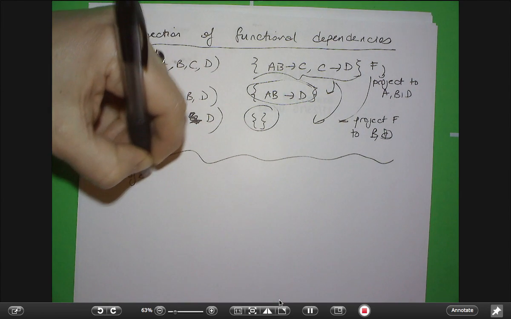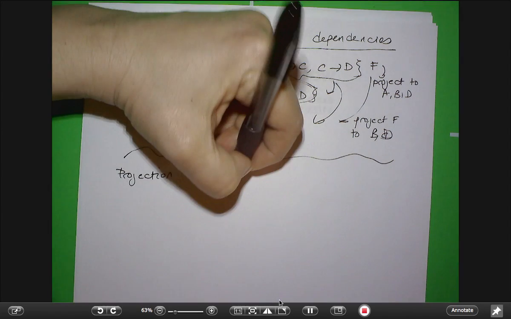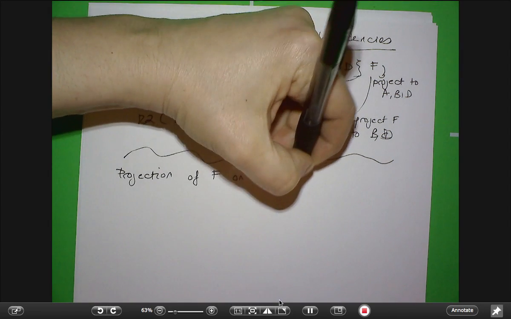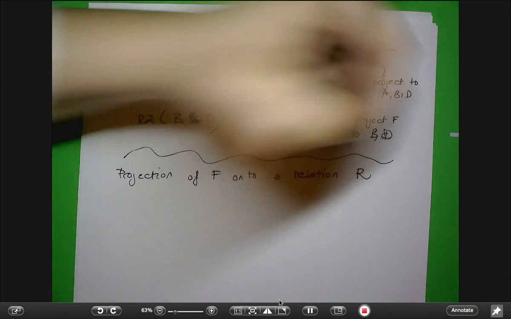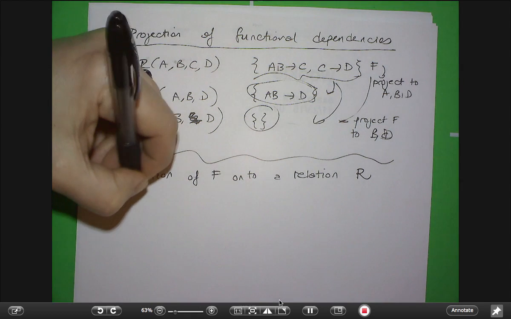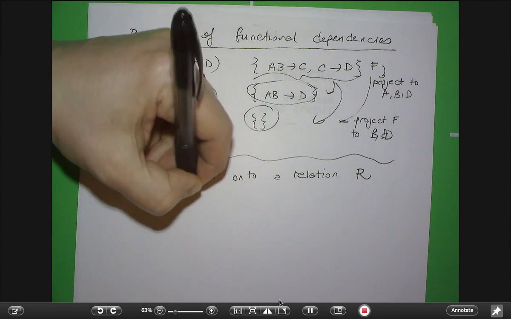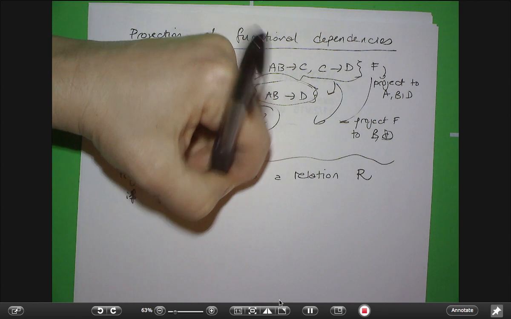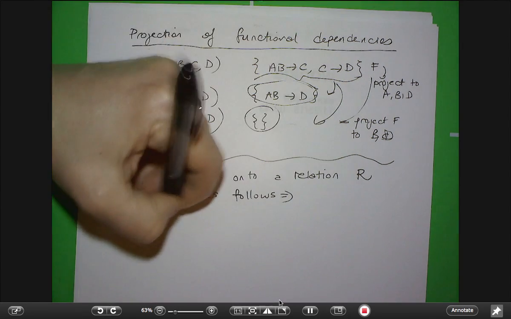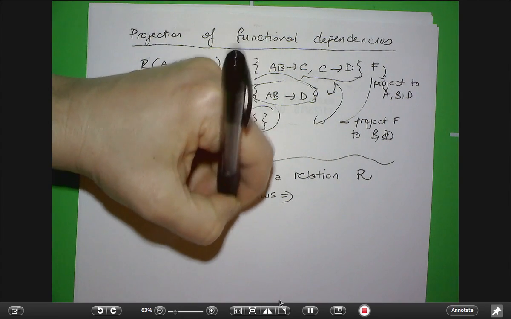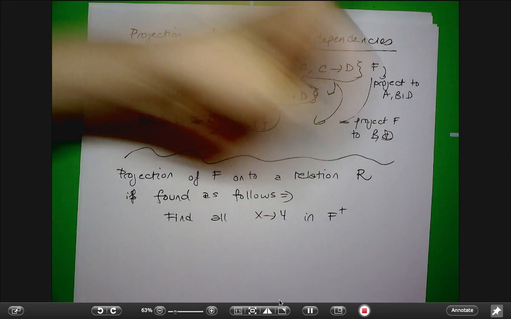So projection of F onto a relation R is found as follows. Okay, find all X implies Y in F prime.